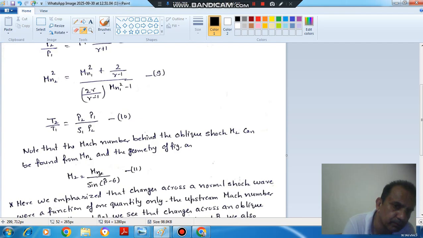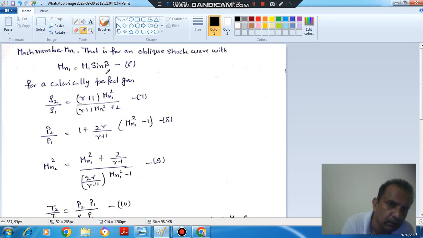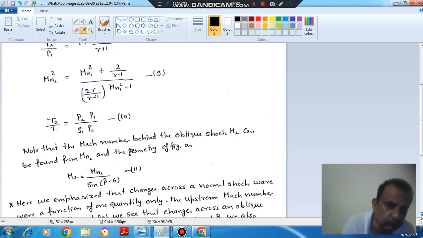So M2 will be equal to Mn2 divided by sine of beta minus theta. After finding Mn2, we can find M2 also. If we know M1 and the wave angle beta, then Mn1 can be found out. After finding Mn1, using this relation we can find Mn2, and then we can find the final M2, the Mach number after the oblique shock.